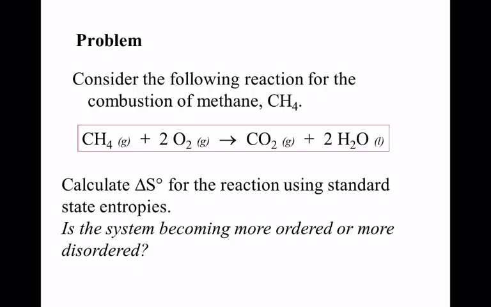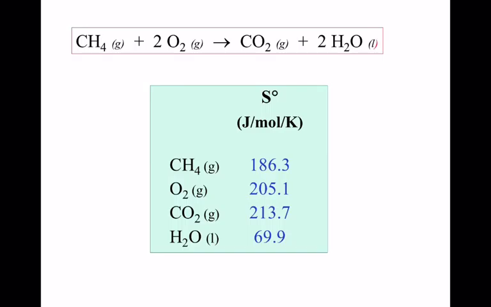We're going to use the standard molar entropies, and we're going to knock out the change in entropy as the reaction proceeds from left to right. So it's going to be the summation of the products minus the summation of the reactants. Here, listed by reactants, are 2 reactants and 2 products. So these are the standard molar entropies that we're going to use.